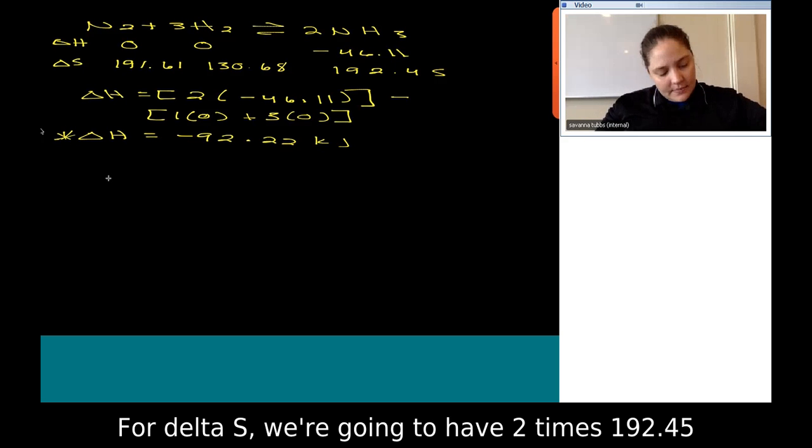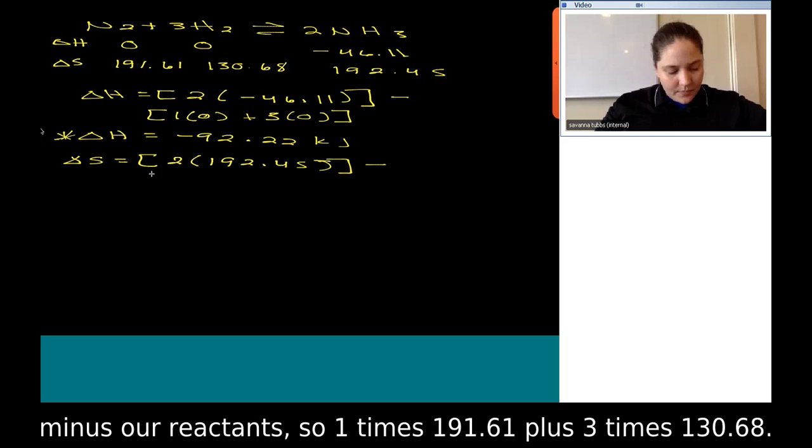For delta S, we're going to have 2 times 192.45 minus our reactant, so 1 times 191.61 plus 3 times 130.68.